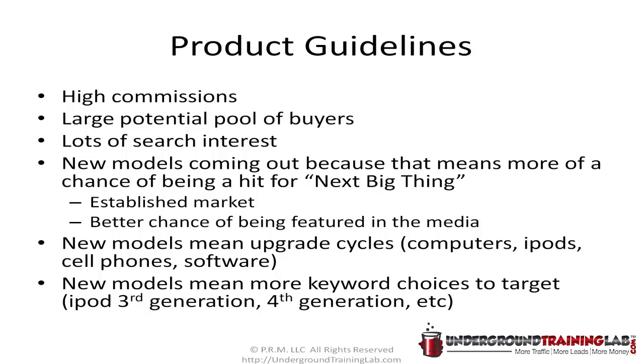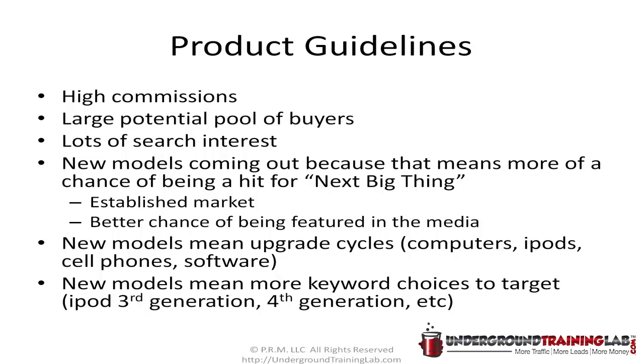We want to make sure that there are new models coming out, because that means more of a chance of being a hit, not only for the next big thing. It also means that people will be coming to the search engines to discover more information about the new models. There are constantly new models coming out, so there are new keywords, there are upgrade cycles, there are more choices to choose from, and it also helps drive the media.